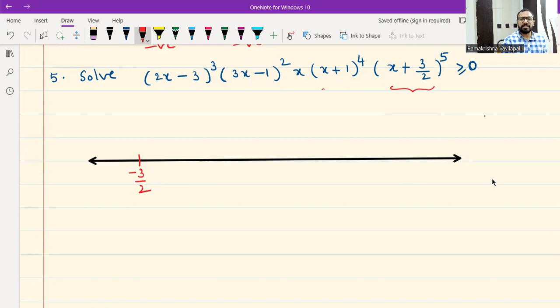And this expression is 0 when x is minus 1. And this expression is 0 when x equal to 0. And (3x minus 1) whole square is 0 when x equal to 1 by 3. And this is 0 when x equal to 3 by 2.